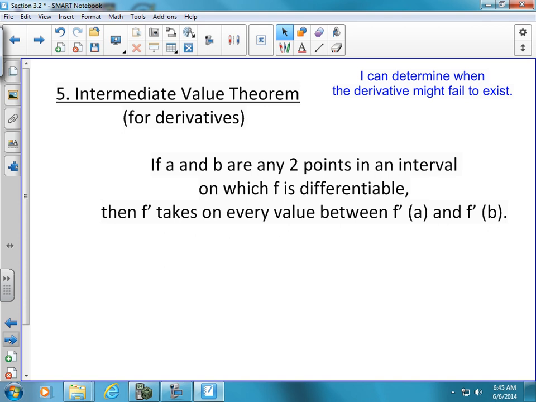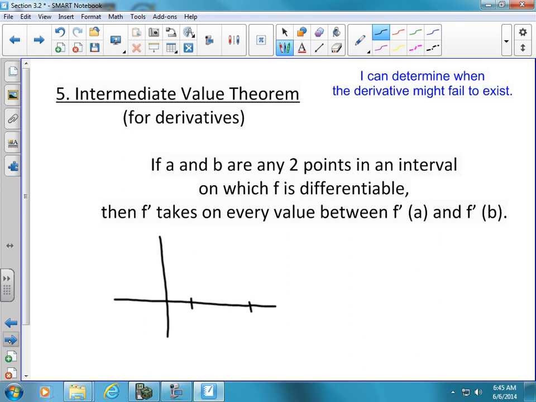Last but not least, the intermediate value theorem. We are not going to do an example of this, but it is just like the intermediate value theorem for a function. The intermediate value theorem said between a and b, if you have a function that is continuous, all points between f(a) and f(b) are hit at least once during the range of that function.